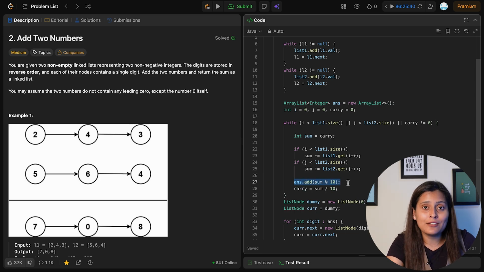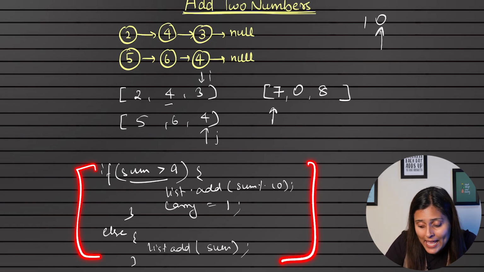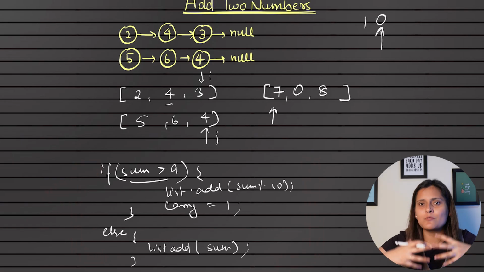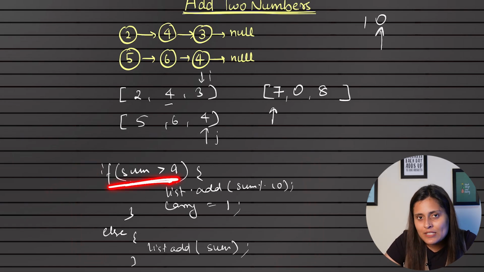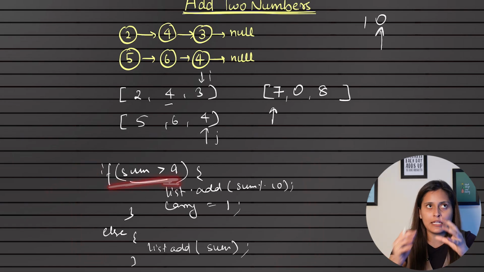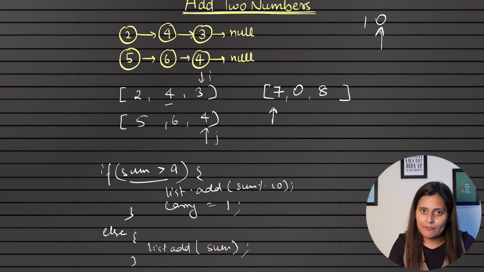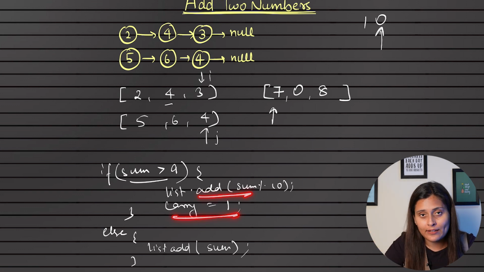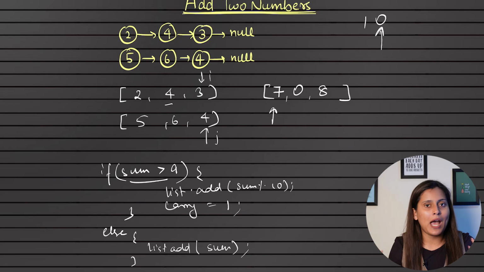So in the answer we have to write sum modulo 10, and carry will be sum divided by 10. You can write it in just 2 lines, or else you can write it like this, as we have written here to understand it more clearly. Why? Because if the summation is greater than 9, in double digit format, then we will have carry, so we write like this, or else we simply add like this.